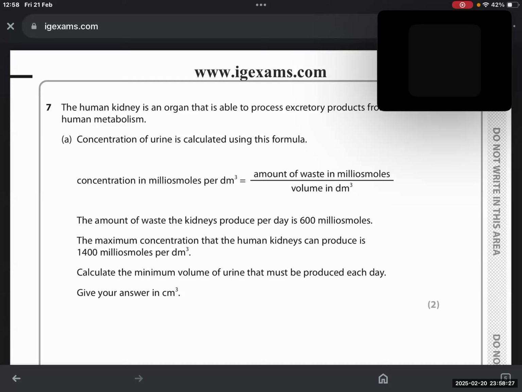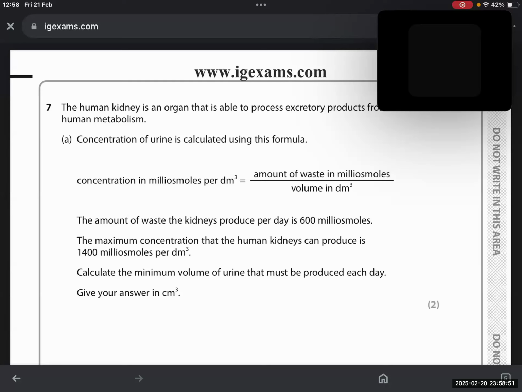The answer is 0.04. Are you dividing by 1,000? Should you not multiply? Because we're going from a large unit to a small unit. Oh, yeah. We're supposed to multiply by 1,000. Yeah, I did that.